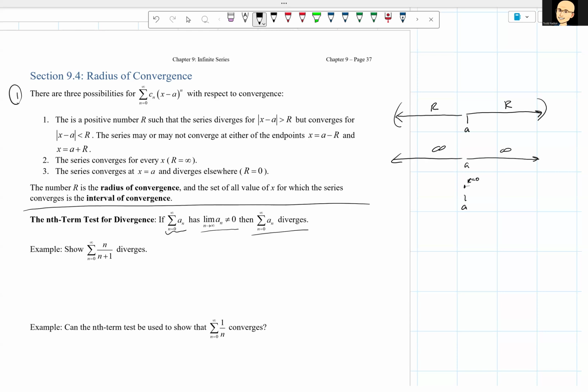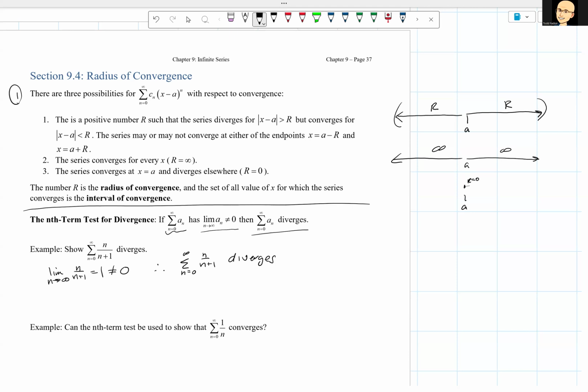For some series, it's really handy. Take a look at this series. I'm going to do a quick check. The limit as n approaches infinity of n over n plus 1 is equal to 1, and 1 does not equal 0. Therefore, this series diverges. And that's the whole thing.